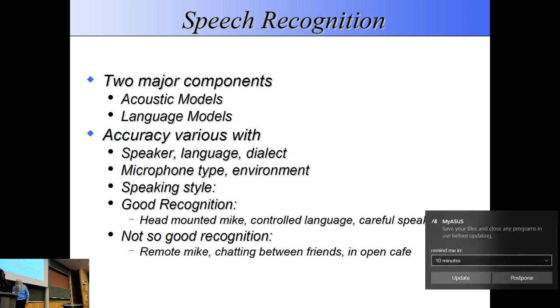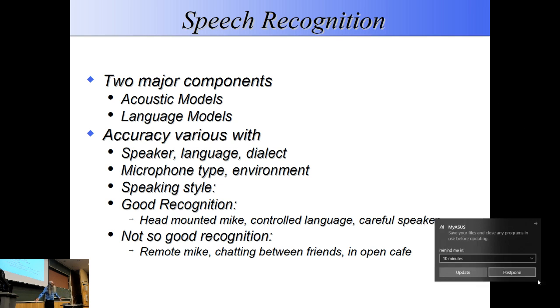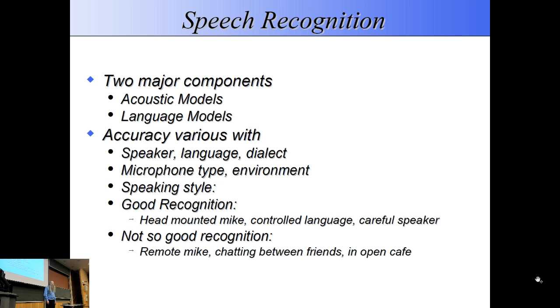But in addition to that, we also want to know what the likely language sequences are. We already know about language models, and it's pretty hard to understand a language where you've just got the acoustics and you don't know the language.